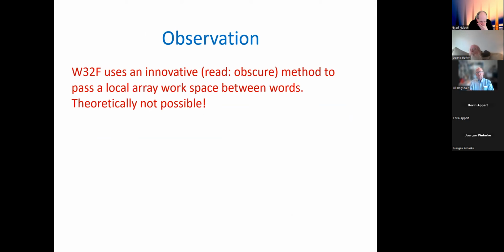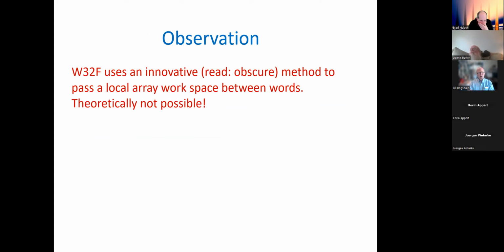So I will make an observation, good for just the discussion value, that 132.4 uses an innovative, cryptic, takes a lot of head scratching to figure out method, which allows it to pass local array workspace between words.